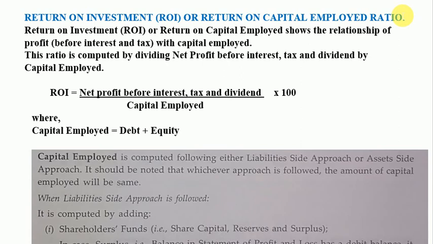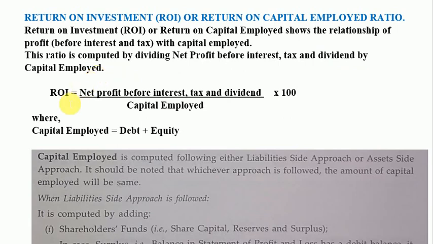So this formula says return on investment or return on capital employed shows the relationship of profit, that is before interest and tax, with capital employed. This ratio is computed by dividing net profit before interest, tax and dividend by capital employed.